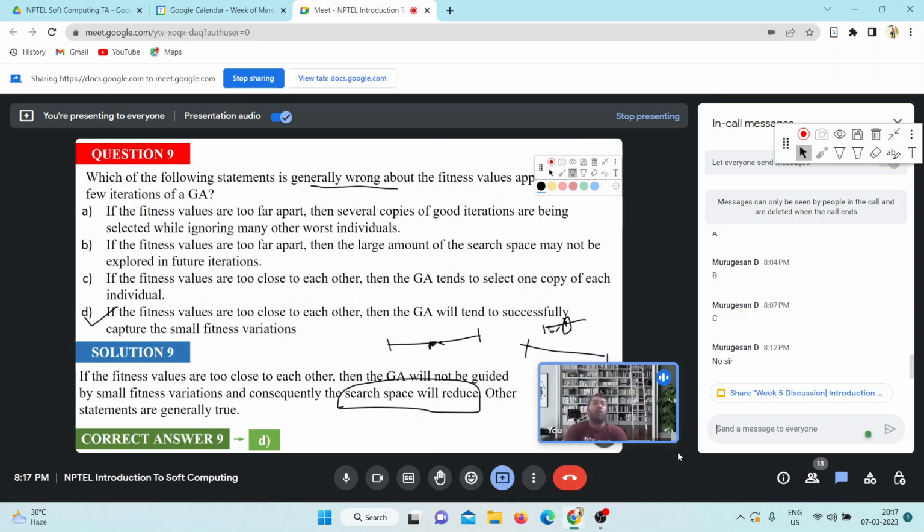Is there any other doubt apart from this? Am I audible to all of you? Okay, so I think there are no other doubts apart from this. So I am ending the session for today.